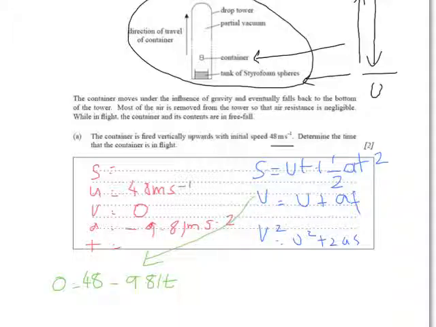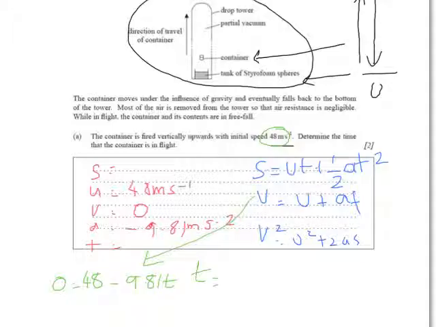Okay, so substituting our values, we end up with 0 equals 48 minus 9.81t, and that would give us a value for t using 2 significant figures, because that's the minimum significant figures that we're using.